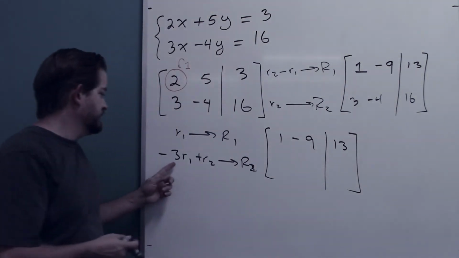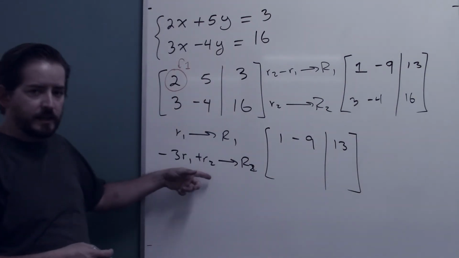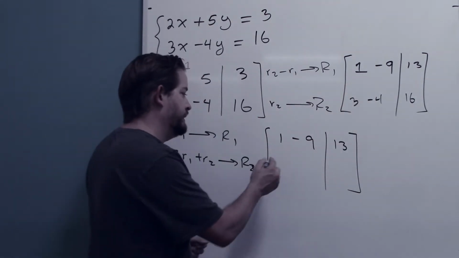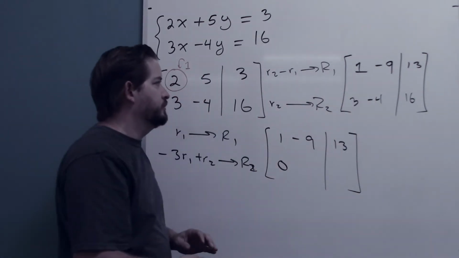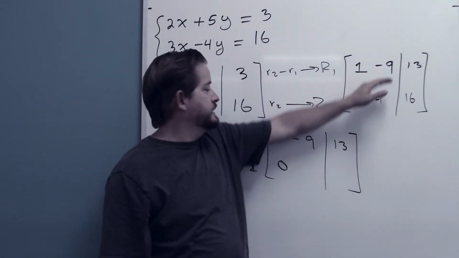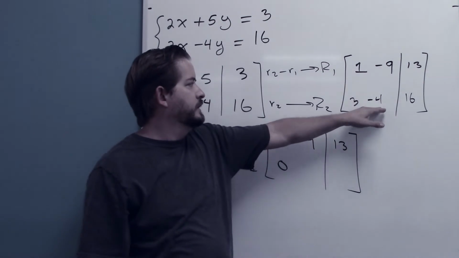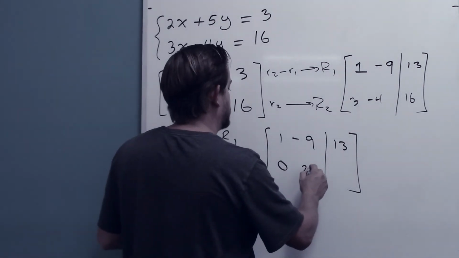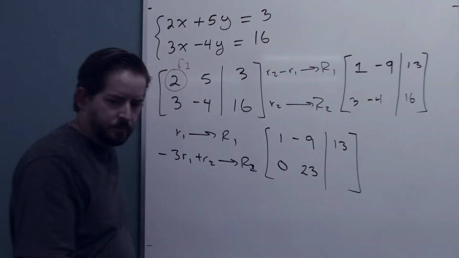Row 2 now, though, is negative 3 row 1's added back into row 2. So negative 3 times 1 is negative 3, plus 3 is 0. That's great. That's what I'm looking for. Negative 3 times negative 9 is a positive 27. Add that to negative 4 is positive 23. Okay.